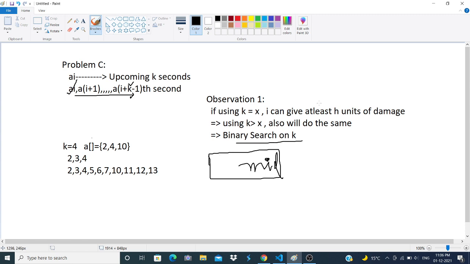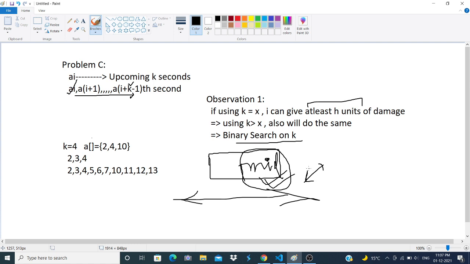If that is greater than or equal to h, then mid can be my possible answer, and I just reduce my search space. Otherwise, if using k equal to mid I can't obtain at least h units of damage, then I need to search for increasing values of k.